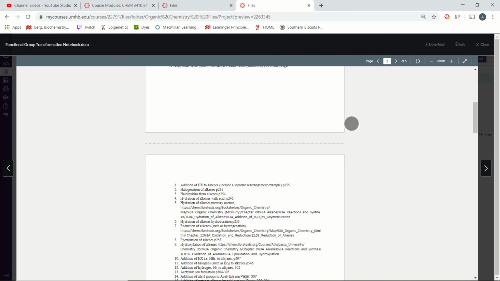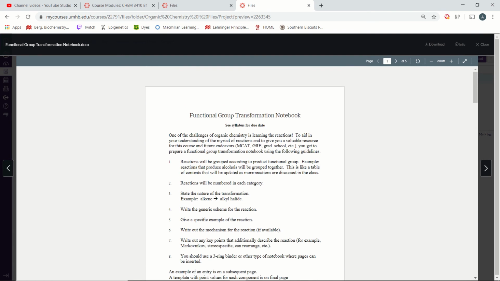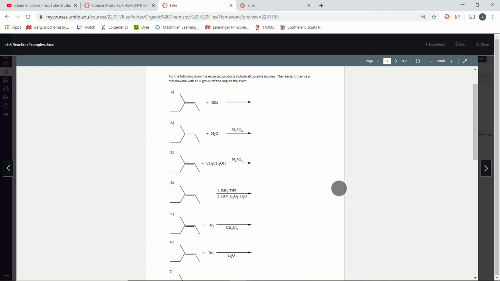So if you keep out your functional group notebook ready, then you can fill in the requirements for the functional group notebook as we come across them in the video. The other thing that you should keep out and ready is this drawings for showing what the alkene, when the alkene reacts with the reagent given, what will the product be?